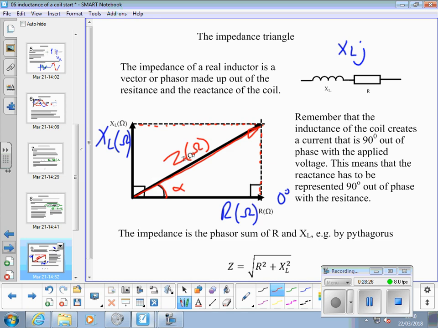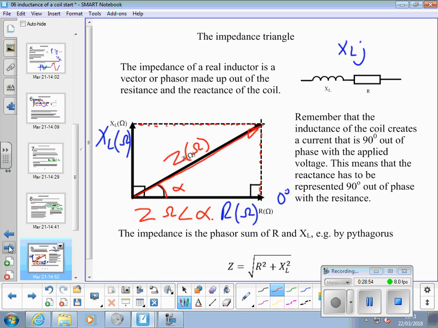So that phasor is Z ohms angle theta. It's a complex value. We've got a vertical component of XL and a horizontal component of R. Okay?